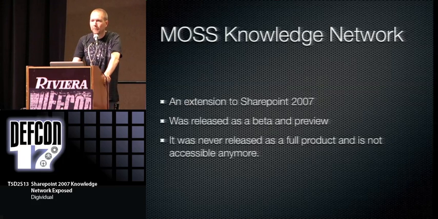Newer versions of Windows Server and the Microsoft operating system will probably also contain fragments of what the Knowledge Network had in it. For a while they talked about having this functionality in Windows 7, and I have not seen that in the releases so far.